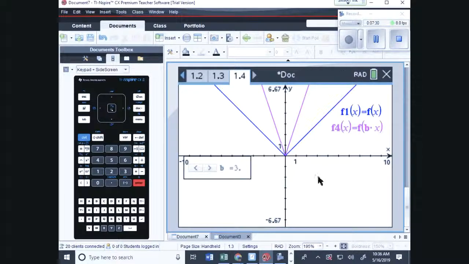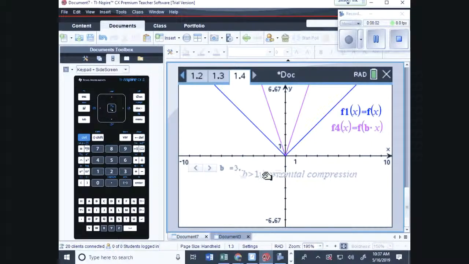But just for the sake of you understanding the notation, whenever b is bigger than 1, we're going to call that a horizontal compression, because it's happening from x probably. It's like someone squeezing it from the sides, and so that's why it gets skinnier.